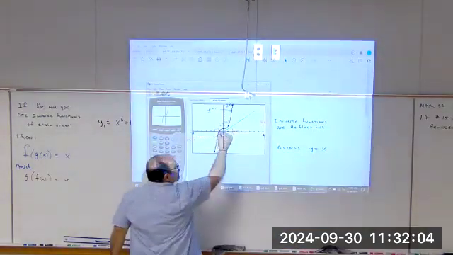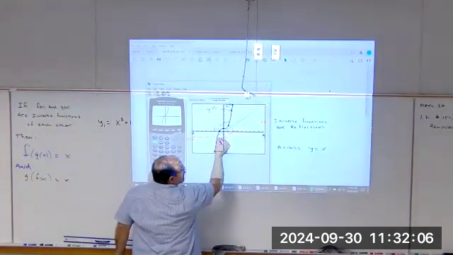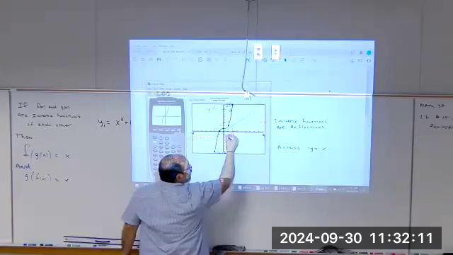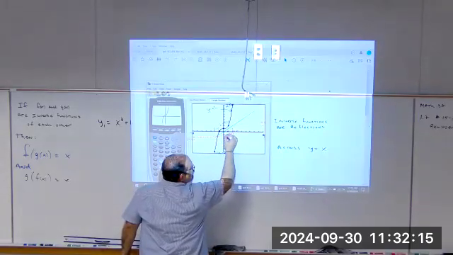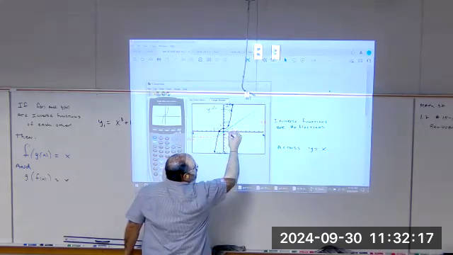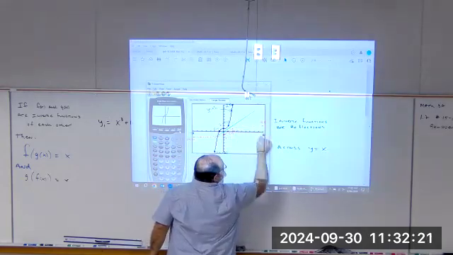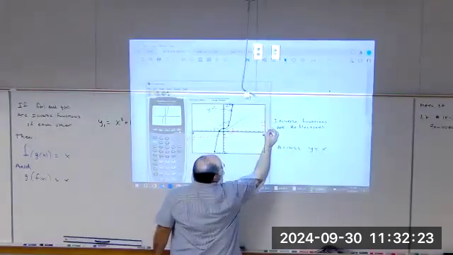So now you're on this side of the mirror. So your mirror image would be over here. And that's what the graph of the inverse function would look like.